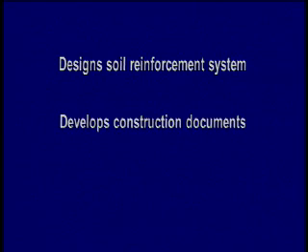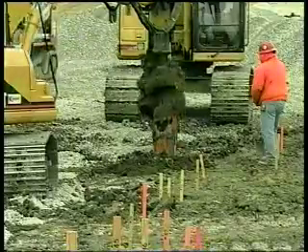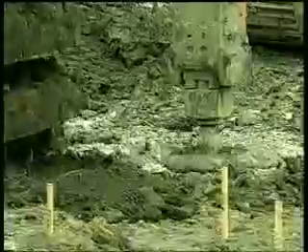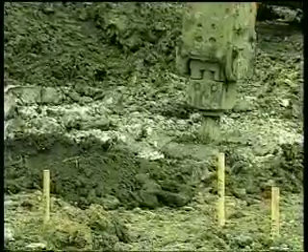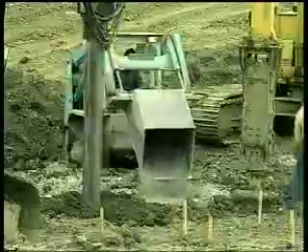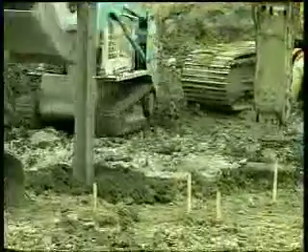He develops construction documents, including project specifications, and he installs the stiff-rammed aggregate pier system using 3 major pieces of equipment per crew: a drilling machine, an excavator with a modified hydraulic hammer connected to a special Geopier tamper, and a skid steer loader used for placing aggregate in the holes and for moving spoil from the holes to a convenient location.